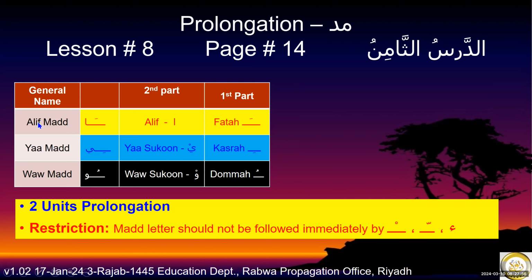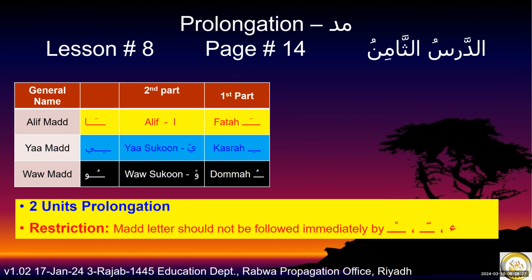Alif mad means you must imagine a fatha with an alif immediately after it. Similarly, ya mad means kasra followed by ya sukun. This is a pair, and the name of the mad is taken from the mad letter ya sukun. Similarly, dhamma followed by waw sukun is called waw mad, again named from the mad letter waw sukun.